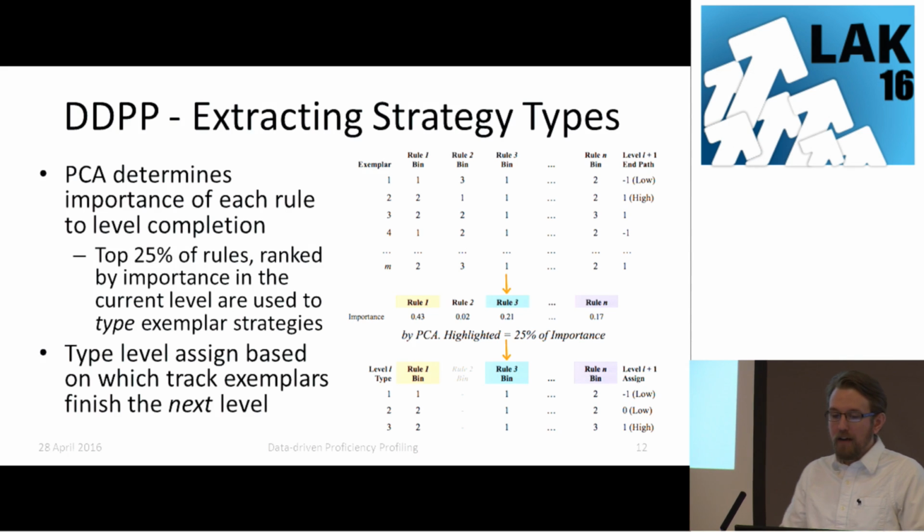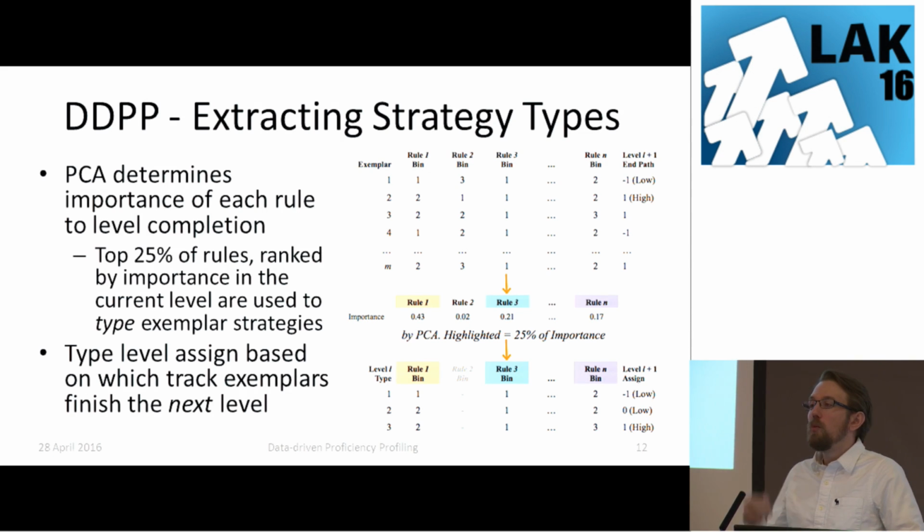So after this, the next step, and this uses PCA. So again, we're still going to come up with that weighting score from before, the one that was originally just kind of arbitrarily decided at 1, 0.5, or 0. So now instead, we'll use the importance by taking all of the rule bins for each one of these exemplars, and then taking the PCA weight for that and using that in place of the previous number.